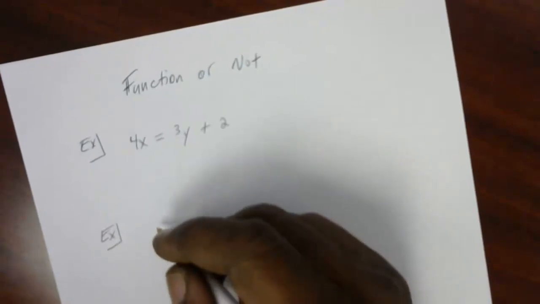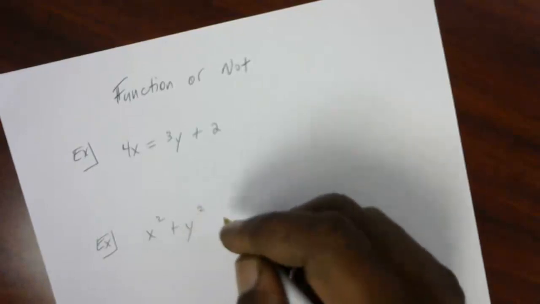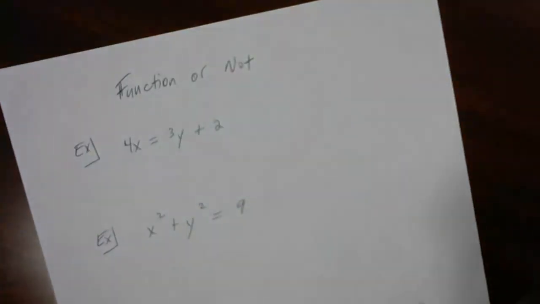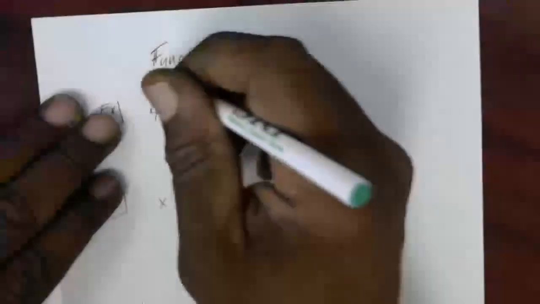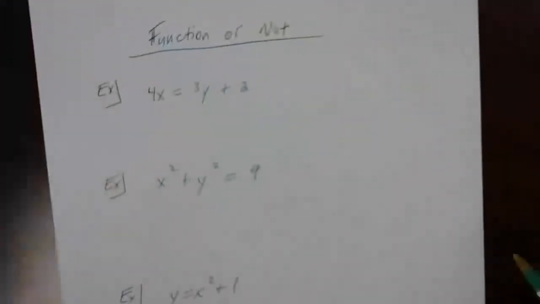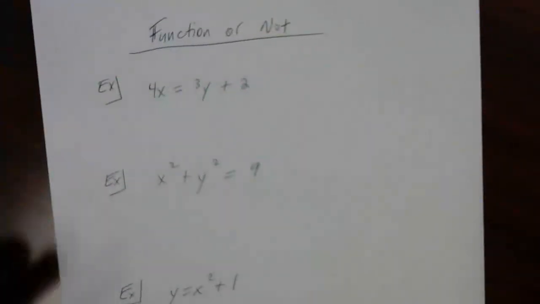Let's say we have x squared plus y squared equals 9. And then let's say we have y is equal to x squared plus 1. We're not given relations, we're not given graphs, we're given equations, and we have to determine if the equation is a function or not.